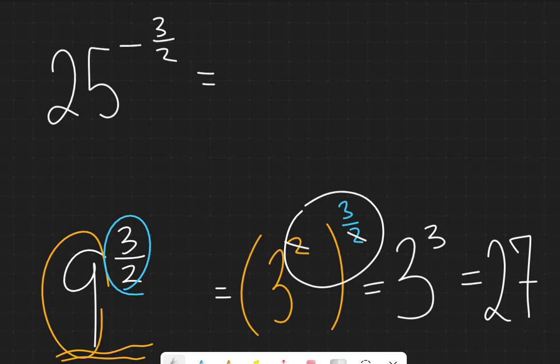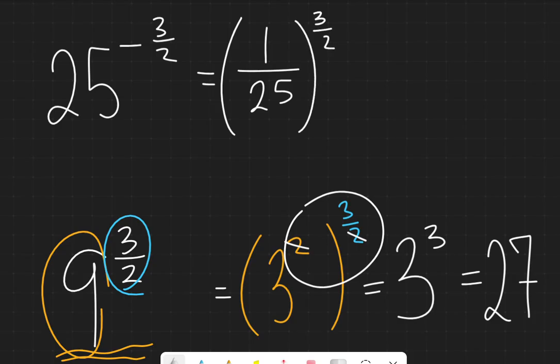Okay, while in our numerator, since our exponent is negative, we only have to flip it and write it 1 over 25, and then the exponent becomes positive. All right, this will be 1 over. In the denominator, we have 25.